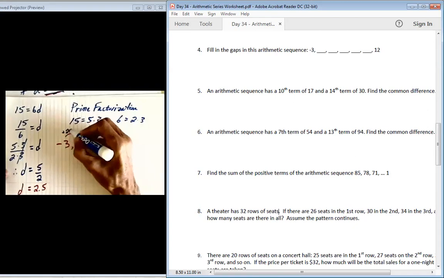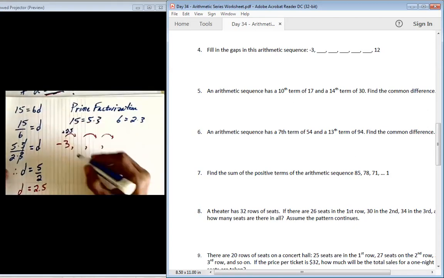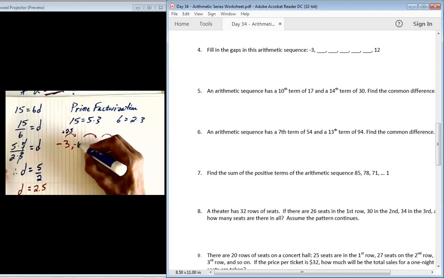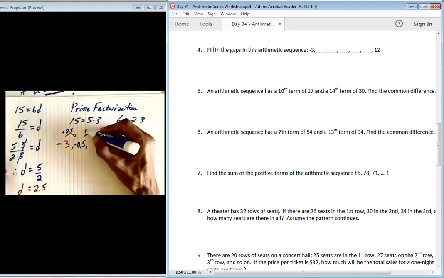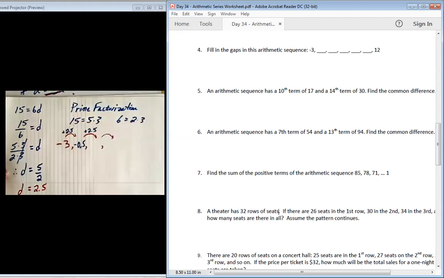Add 2.5, we get minus 0.5. We get a half. If we add 2.5 to this is minus 1 over 2. That's right. Yeah, that's what that is.